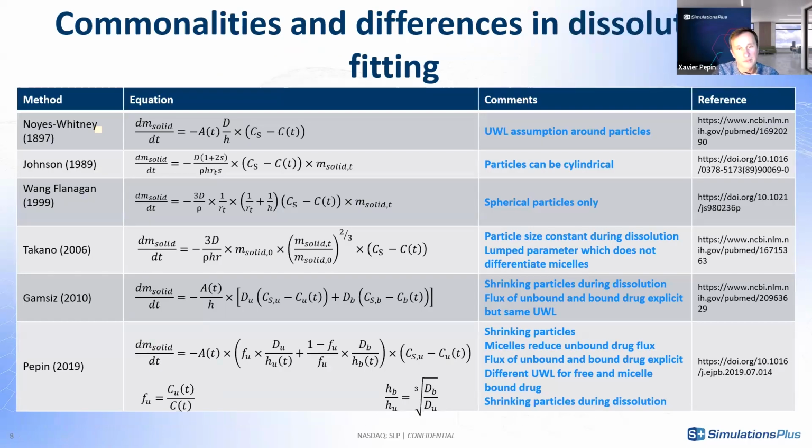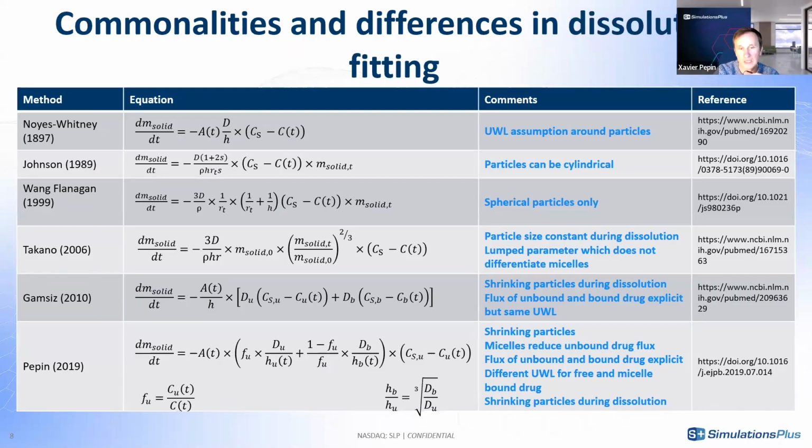I won't spend too much time on this, but some people may be interested in the math behind. So just to show the filiation of these equations, the main assumption behind the P-PSD is that the micelles will diffuse as fast as the drug, quite fast, and may reduce the unbound drug flux because of the redissolution at the surface.